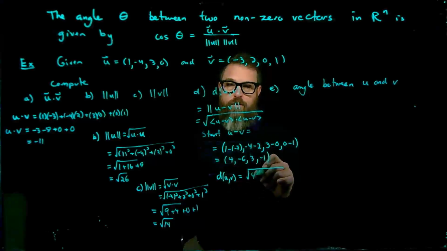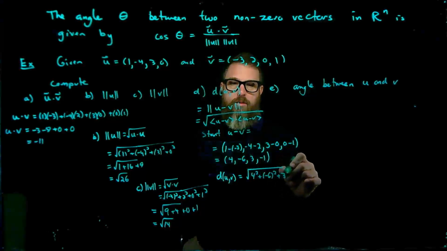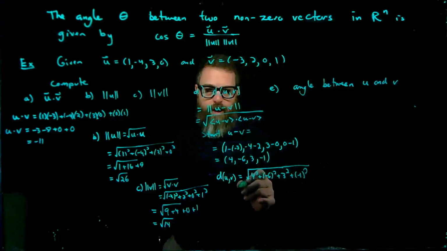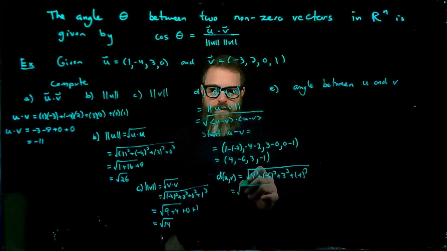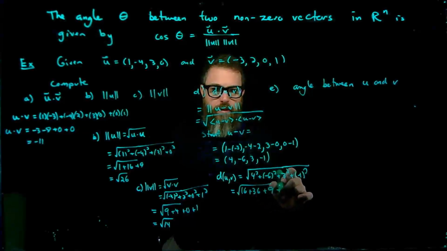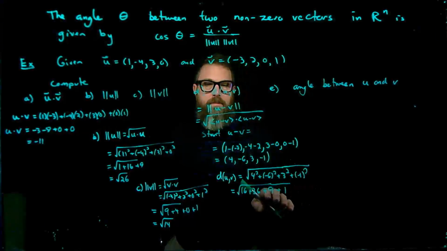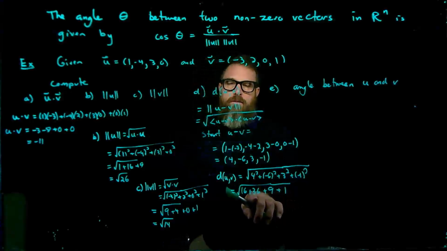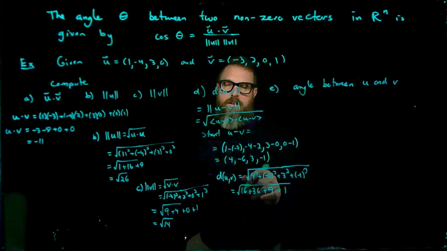So 4 squared plus minus 6 squared plus 3 squared plus negative 1 squared, under the radical. So we're going to have the square root of 16 plus 36 plus 9 plus 1. So 16 plus 36 is 52, plus 9 is 61, and 1 is 62. So this would be root 62.